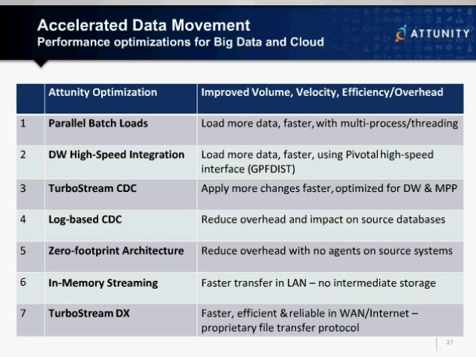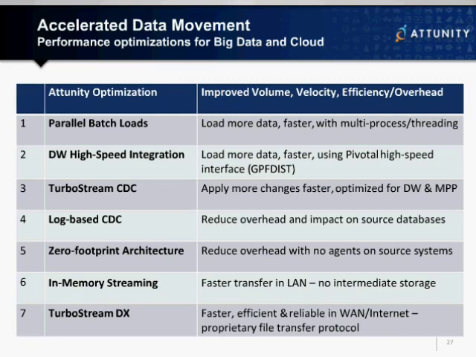In the case of Pivotal, we use gpfdist, the fastest way to load data, leveraging the MPP capabilities of the data warehouse, and parallelizing the process of loading large amounts of data. At the same time, moving incremental data leverages technologies like TurboStream CDC and log-based CDC, which uses log-based integration to reduce impact on your source system while being specifically designed and optimized for loading a data warehouse and applying data into a data warehouse and MPP environment by leveraging its capabilities to get higher efficiencies and throughput.